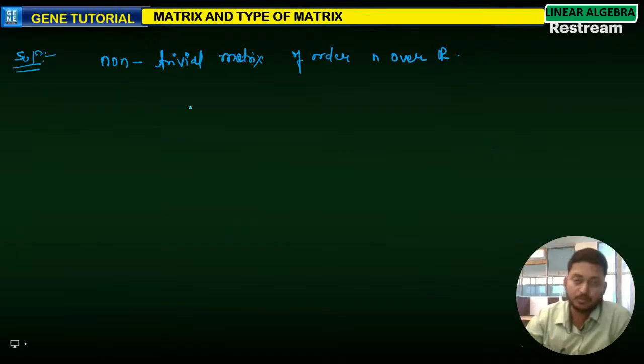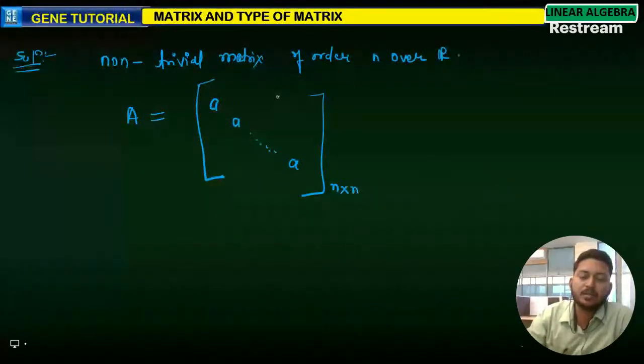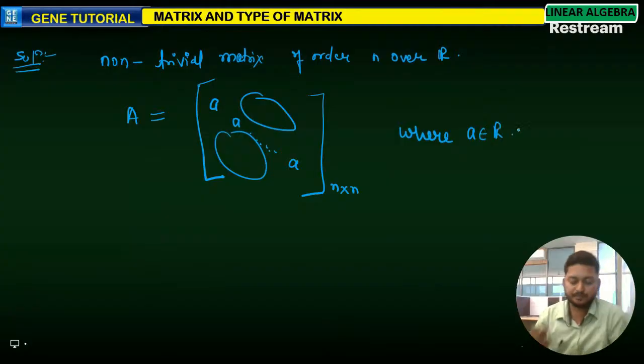So it is simple: take a as the diagonal entries, and it is an n cross n matrix where all other entries are 0, where a belongs to R.